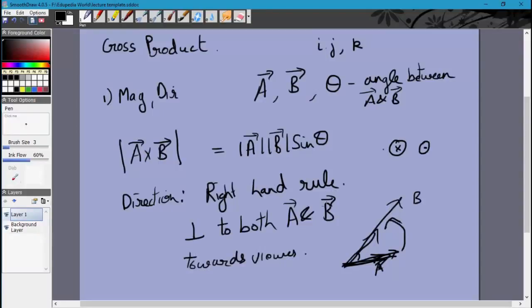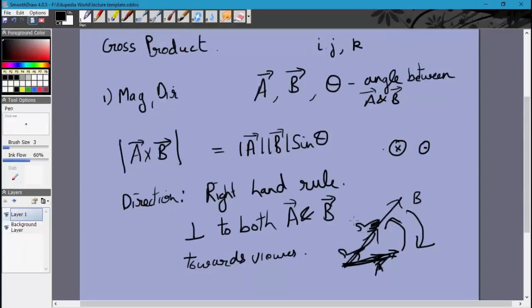Now, if we had b cross a, this is another difference between dot and cross product. Dot product a dot b is equal to b dot a, but for cross product a cross b is not equal to b cross a. In fact, it's the negative of b cross a, because even though the magnitude is the same, if you curl your right hand fingers around b and try to move them towards a in this direction, you'll have to put your hand something like this.